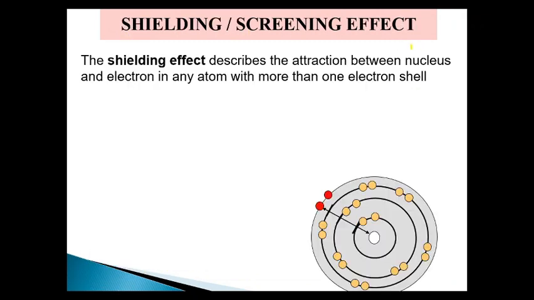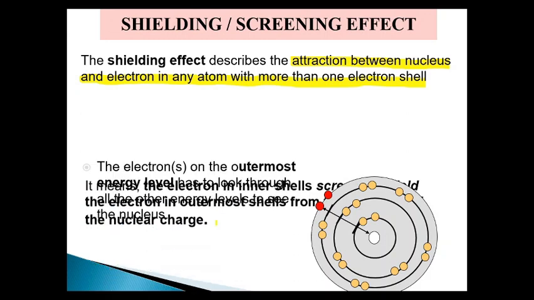Shielding or screening effect. Shielding effect describes the attraction between nucleus and electron in any atom with more than one electron shell. So it only involves atoms which have more than one shell.